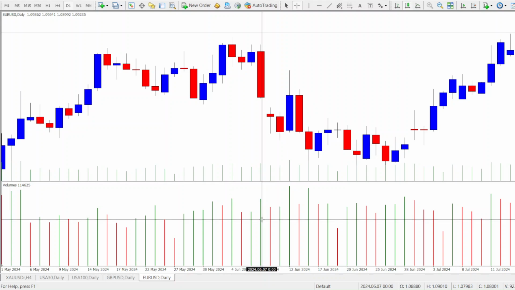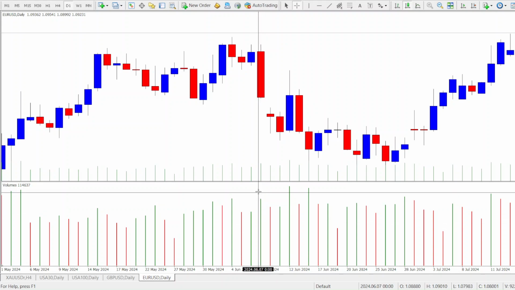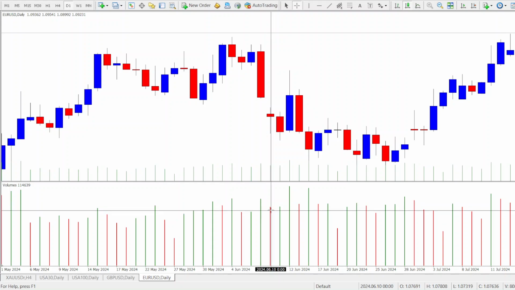You can see the value 92,278. The previous one was 74,264. So you can see there was an increase in volume around here. The gaps are usually accompanied by a significant increase in trading volume, as we can observe here.